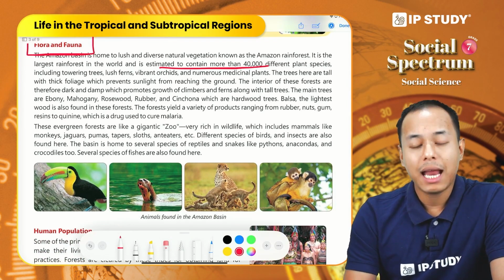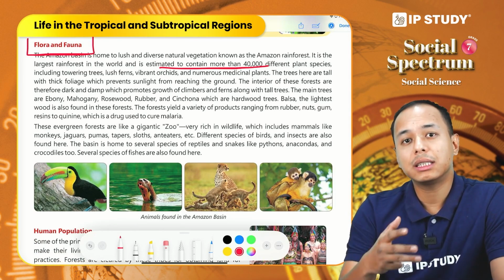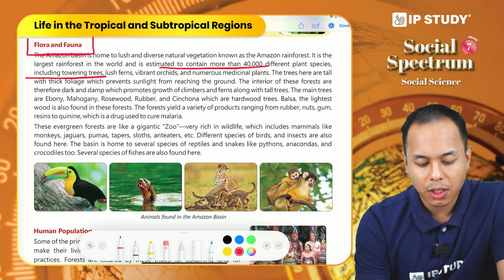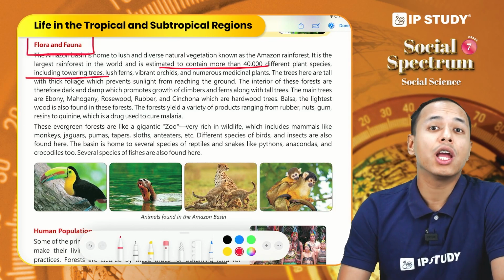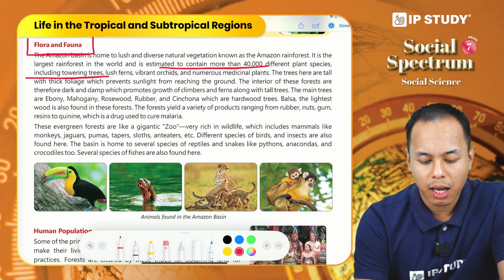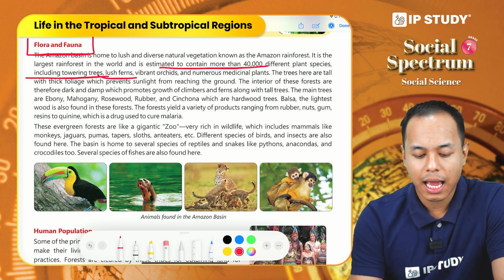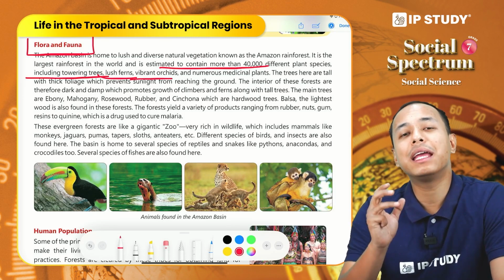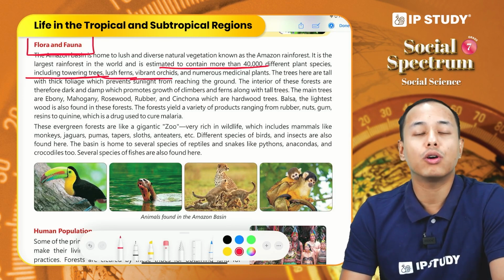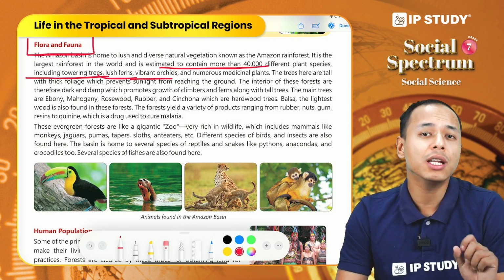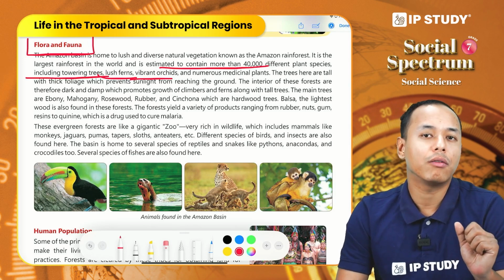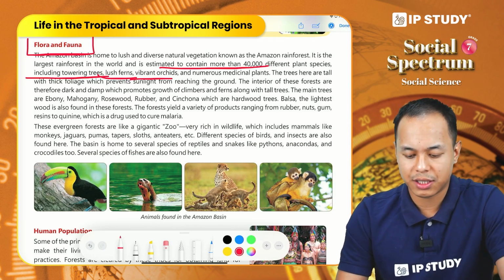The plant species involve towering trees, which are very huge and tall, lush ferns, which come under the category of shrubs, vibrant orchids and many medicinal plants. So Amazon forest is very rich in flora when it comes to vegetation.